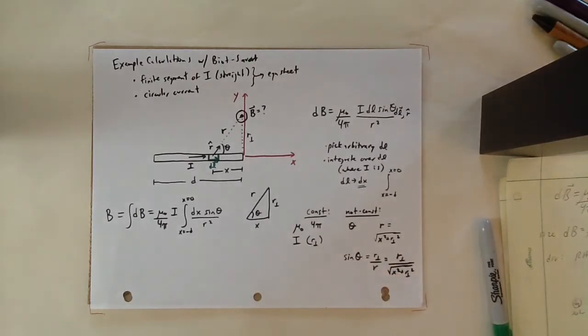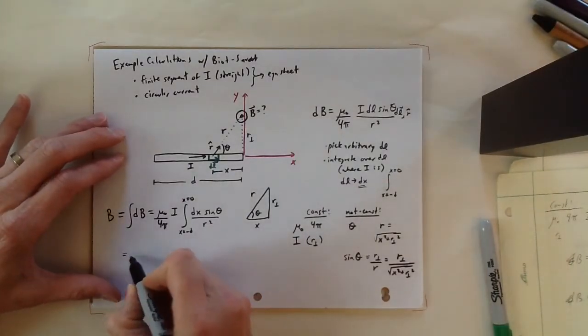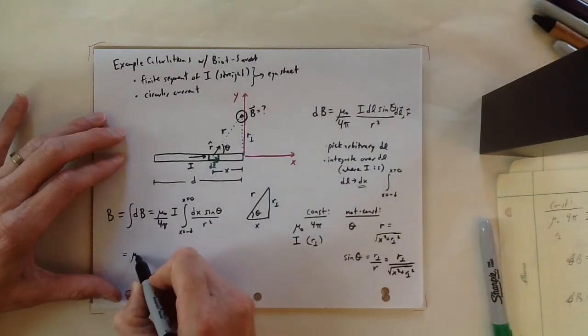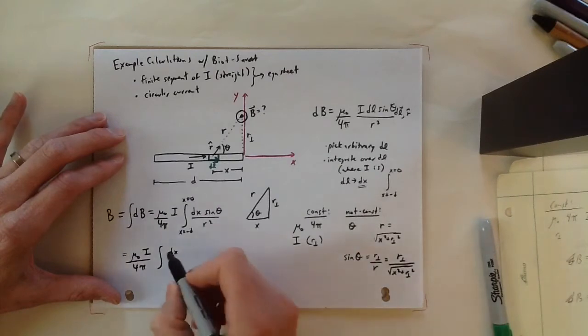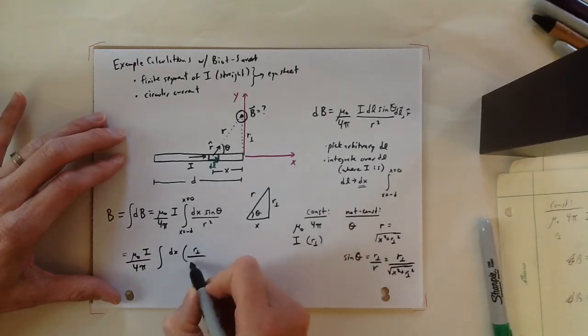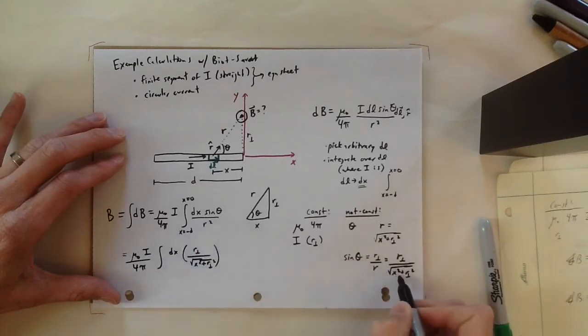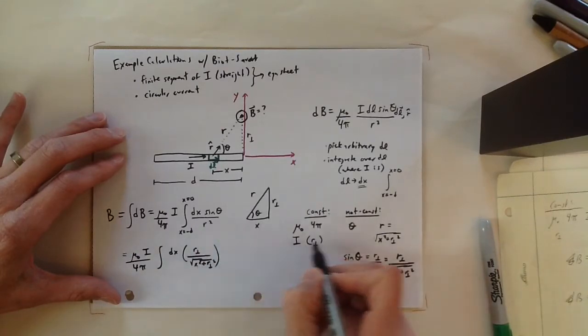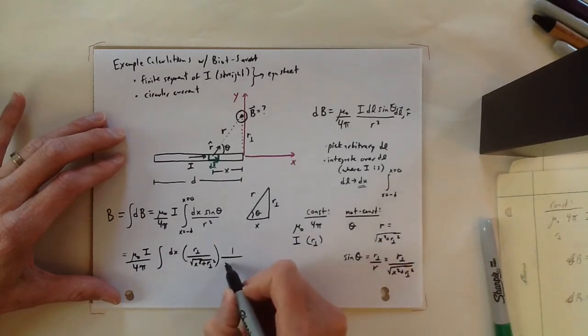So now I've got everybody on the same nice playing field. I go ahead and put all this back in. Mu naught I over 4 pi, and then this is the integral of dx, and I'll put in my sine of theta, r perpendicular over this stuff. From there, I'll put in my r squared itself, so that'll be in the denominator. I'll square that.